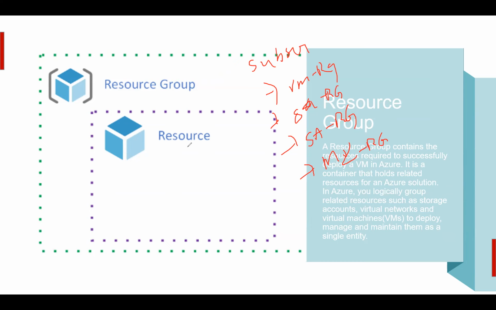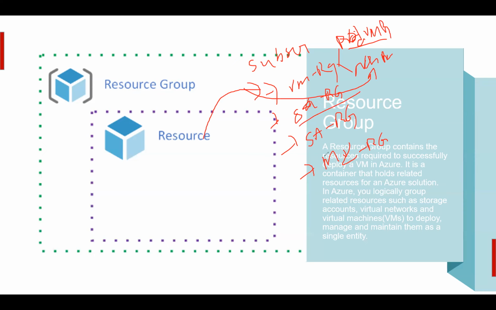For example, you are going to deploy VMs. Let's deploy all the VMs under one resource group. Here again you can divide into a prod VM resource group and a non-prod VM resource group. If you are deploying a production VM, you go for the prod resource group; if a non-prod VM, the non-prod resource group.